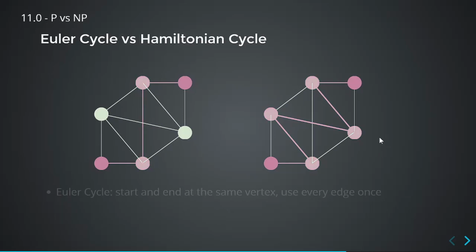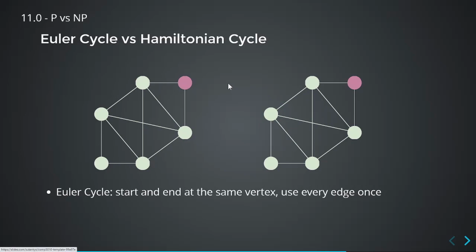The next problem is the Euler cycle versus the Hamiltonian cycle. An Euler cycle is a cycle from one node going back to itself that uses every edge in the graph. So I guess I don't need a second node here. Let's say we want to go from this purple node back to itself using every edge once and only once. Can you find a path that does that?